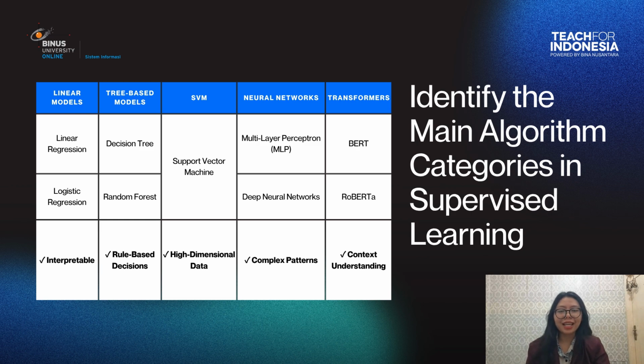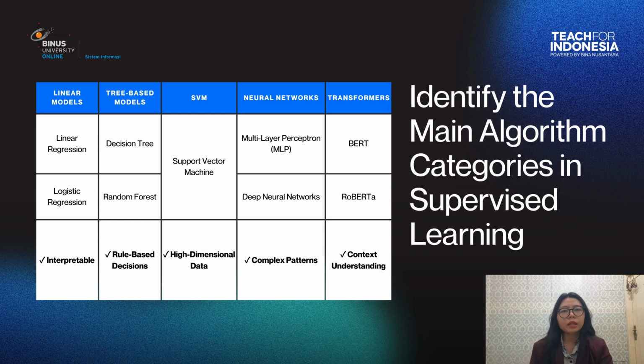Okay, thank you Dia. There are many supervised learning algorithms available today, but most of them can be grouped into several major categories based on how they learn from data and make predictions. The first category is linear models, such as linear regression and logistic regression. This algorithm assumes a relatively simple relationship between the input features and the target variable.